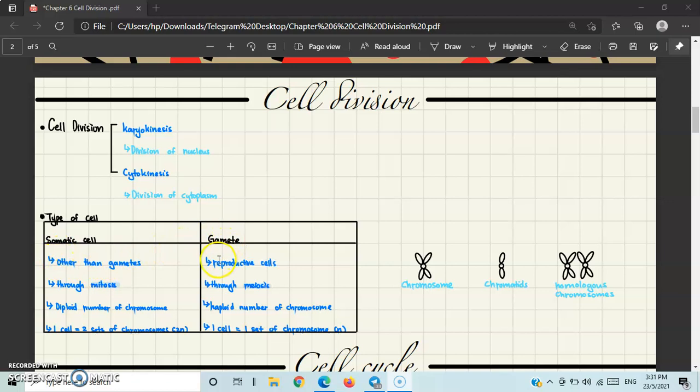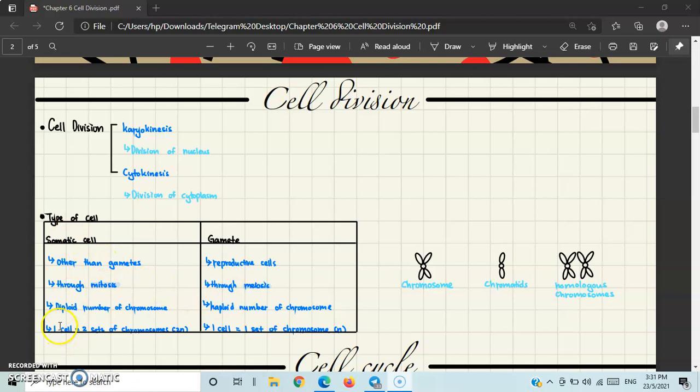Examples of gametes are sperm and also ovum. The somatic cell is produced through mitosis, whereas the gamete is produced through meiosis. Later we will discuss more about mitosis and meiosis.